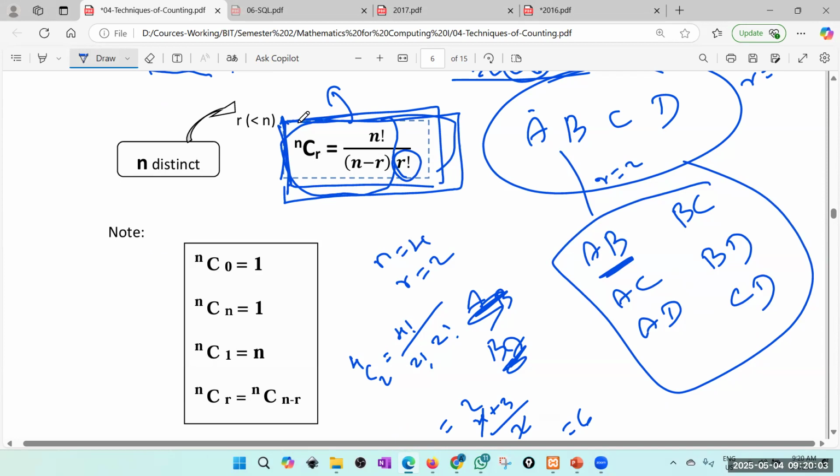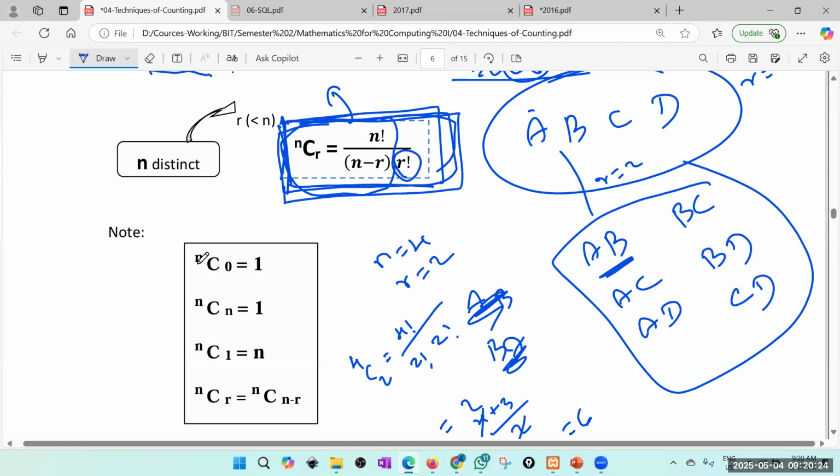But because this selection is naturally found in so many places, you just remember it as a normal formula also, because in algebra we use this. NCR is factorial n divided by factorial n minus R divided by factorial R.